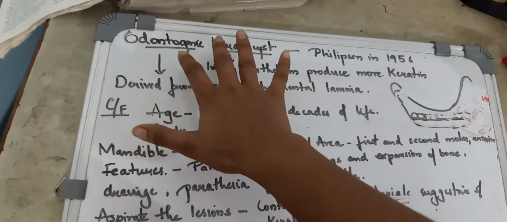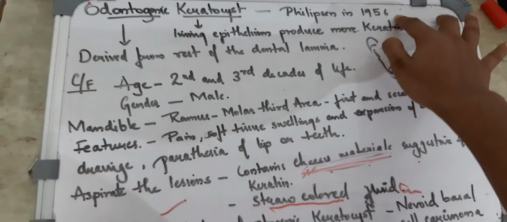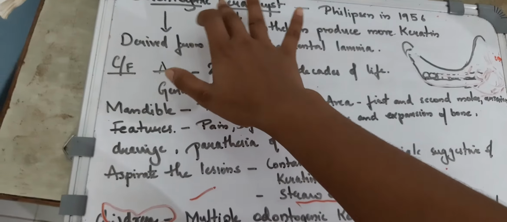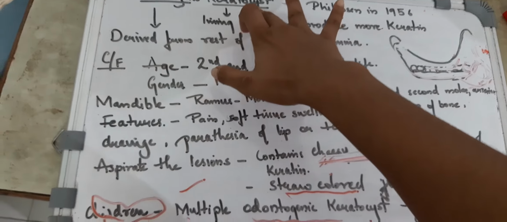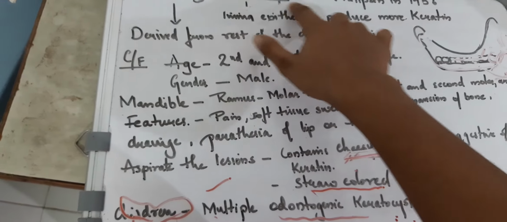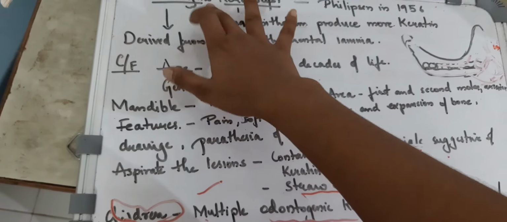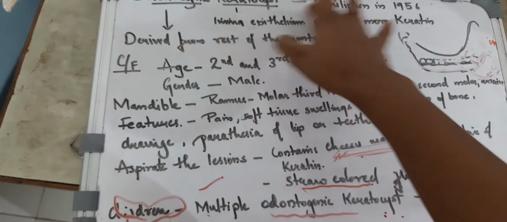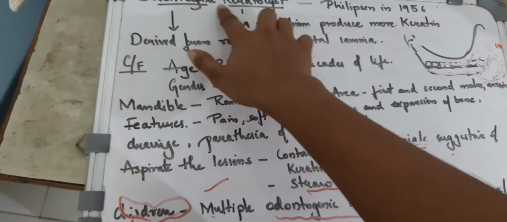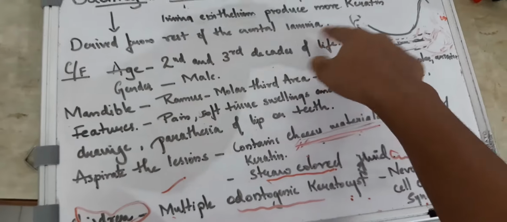So, odontogenic keratocyst was first used by Philipsen in 1956. It is named keratocyst because the lining epithelium of the keratocyst produces more keratin. It is derived from the rest of dental lamina.